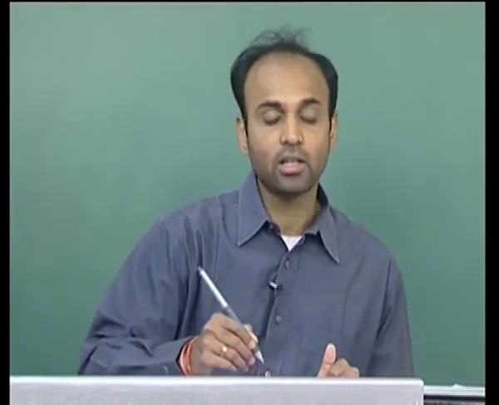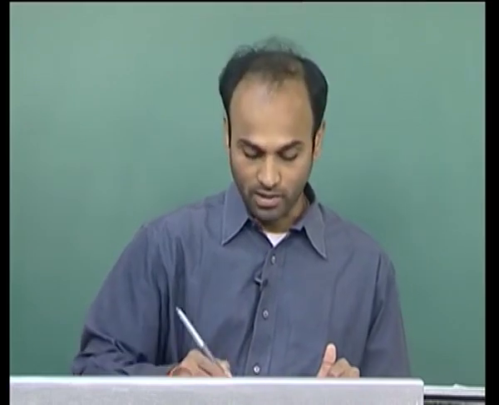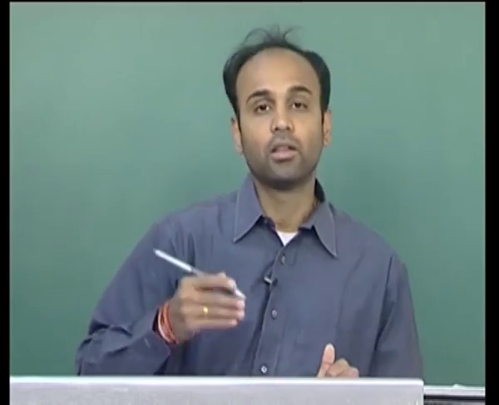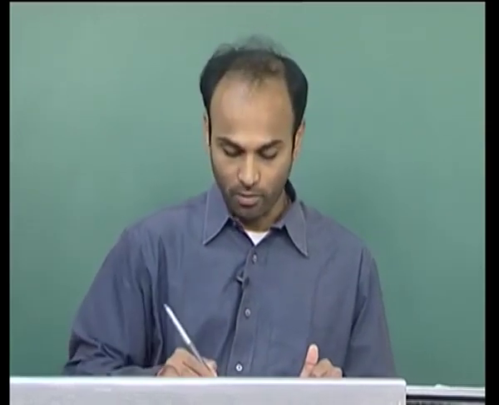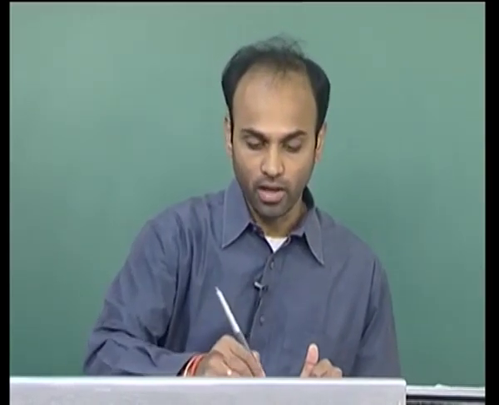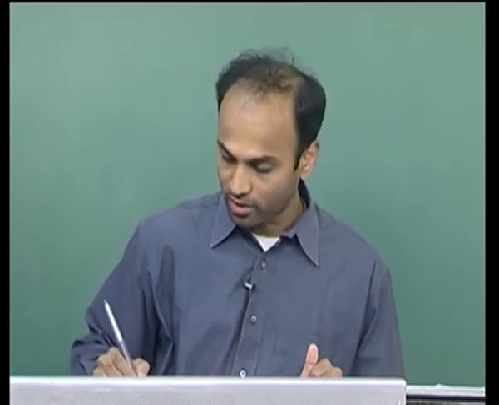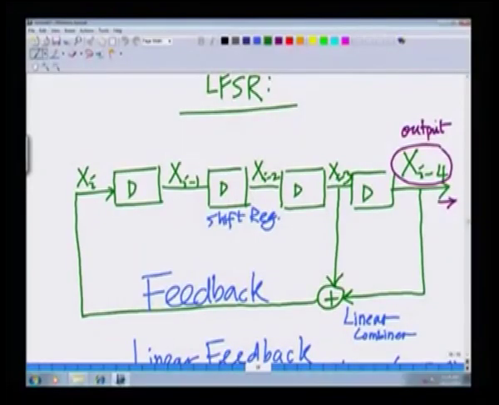So, let us start this lecture by going through the different states and the different outputs of the linear feedback shift register. But before I go with that, let me again illustrate that in this linear feedback shift register, the output of this LFSR is xi minus 4.